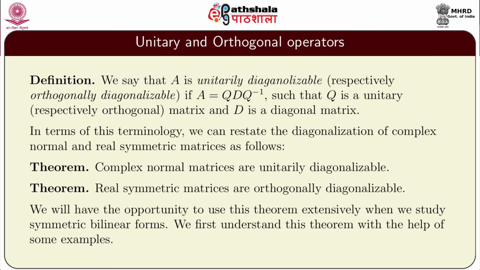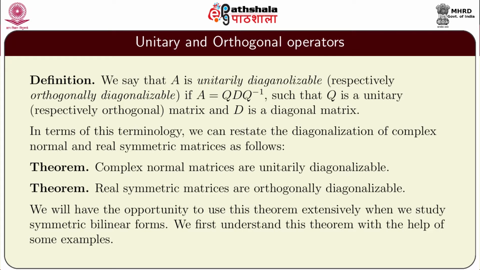In terms of this newly introduced terminology, we can restate the diagonalization of complex normal and real symmetric matrices as follows. Complex normal matrices are unitarily diagonalizable and real symmetric matrices are orthogonally diagonalizable.